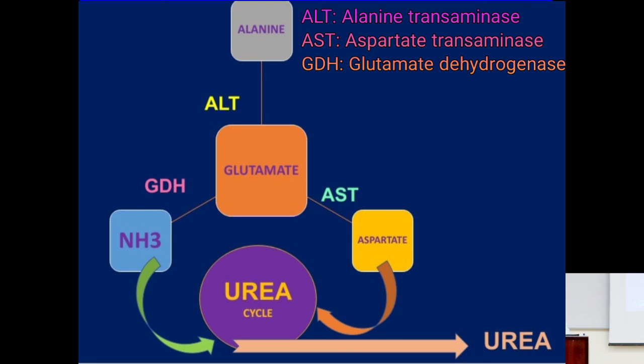This reaction is AST, aspartate transaminase. The other fate of glutamate that has collected nitrogen from many amino acids is glutamate dehydrogenase. It can release ammonia directly.